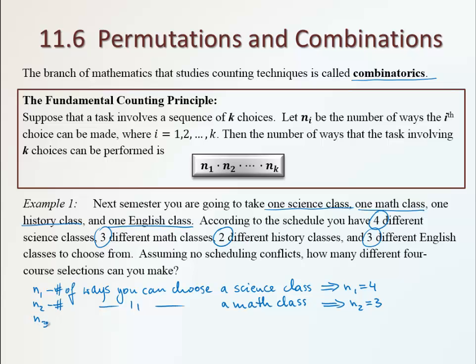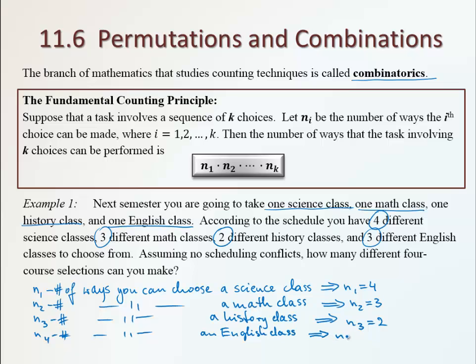Let N3 represent the number of ways we can choose a history class. So N3 is 2. And finally, N4 will be the number of ways you can choose an English class. So N4 is 3.